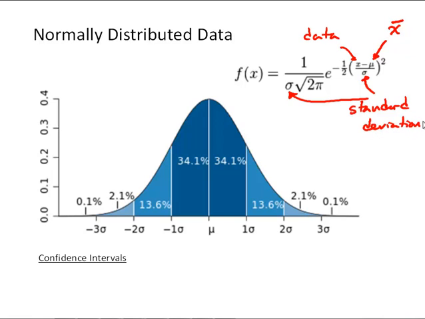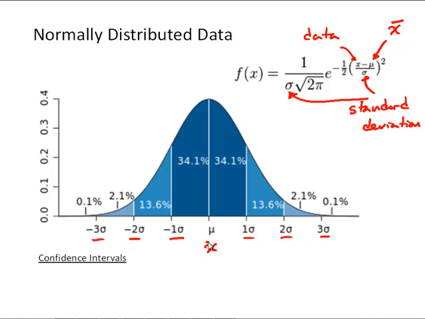So that's the equation that describes the bell curve, and we're not going to go into proving this in this class, but I do want to talk briefly about this idea of a confidence interval. What this bell curve says, and you can prove this, is, notice this is in terms of standard deviations going away from the mean.